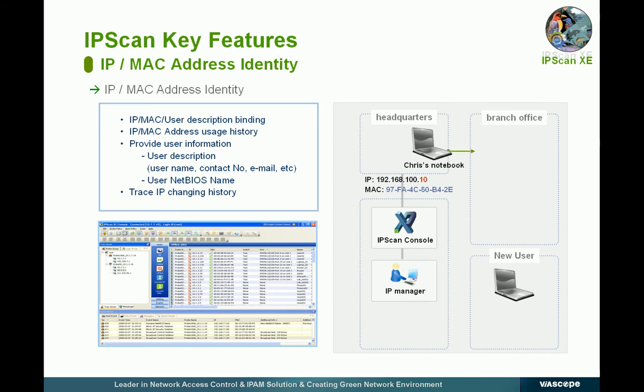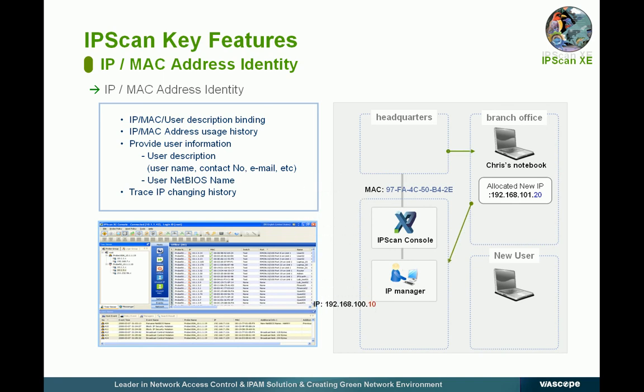For example, Chris was given an official order to move to a branch office, so he returns his IP and moves to the new office carrying his laptop computer, where he will receive a new IP from the branch office. In the meantime, IPScan console collects Chris's IP, but the IP is still owned by Chris because the user information is maintained based on the MAC address.